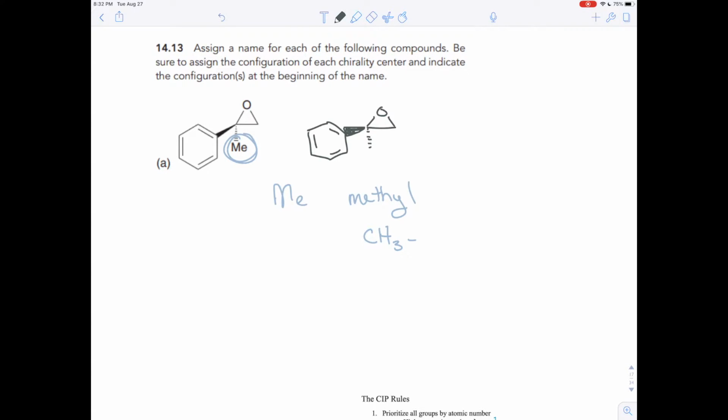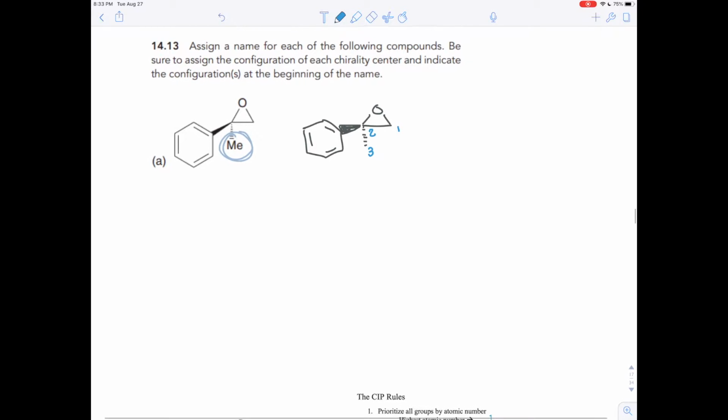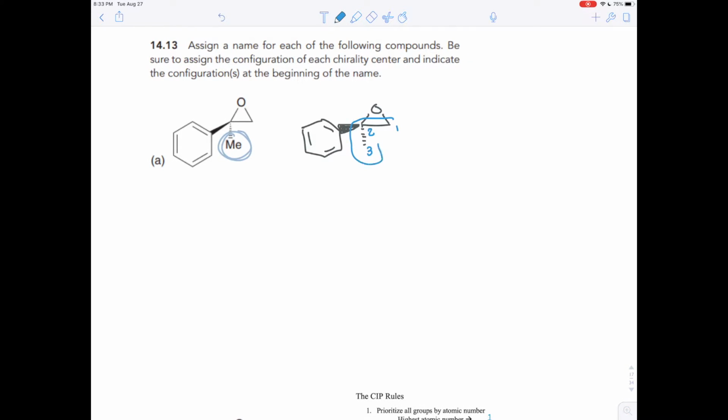So this CH3 here, which is implied if it's not drawn in, is the same as that Me, just a methyl group. And so when you're thinking about the chain, that's just another carbon in this straight chain. You would have 1, 2, and 3 carbons, and this whole thing could be considered a straight chain. And so this is going to be your backbone.